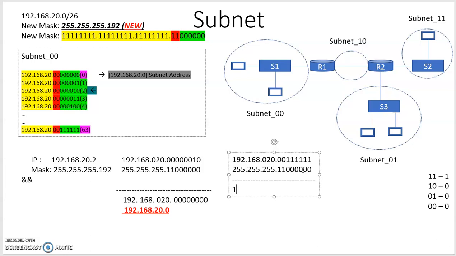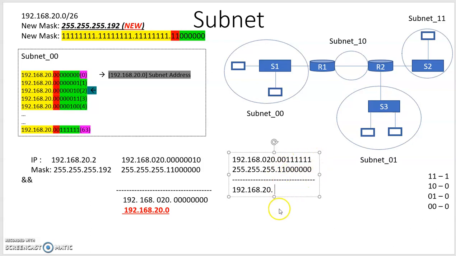So 192 with 255 will lead to 192. Likewise, 168 and 20 with 255, all ones in binary, if we convert it, we'll get 168 and 20. And the interesting one: 0 and 1 is 0, 0 and 1 is 0, 1 and 0 is 0, 1 and 0 is 0.